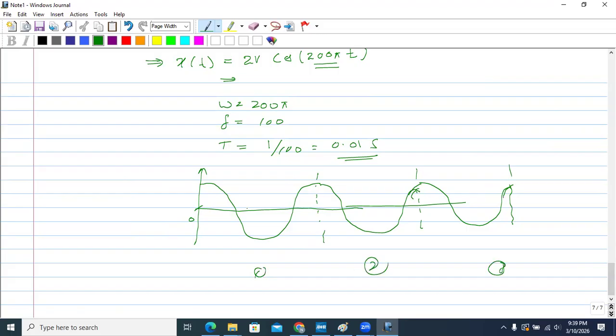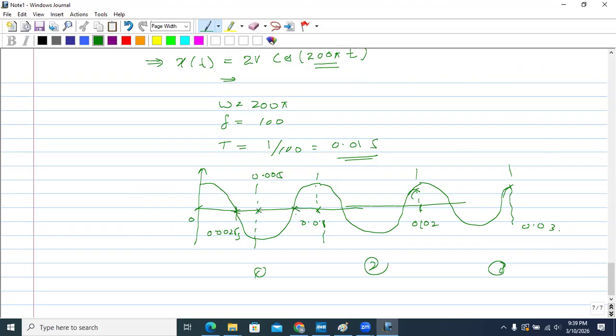What is the period? 0.01. Here, the second cycle, that means 0.02. Third cycle, 0.03. And what is the value here? This is half of a cycle, that is 0.005. And this is a quarter, that means 0.0025 second.